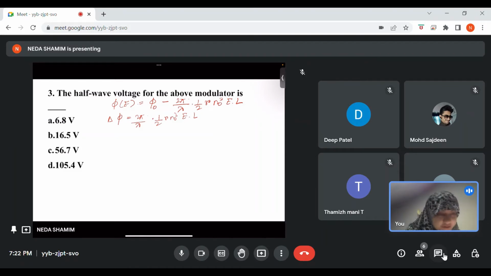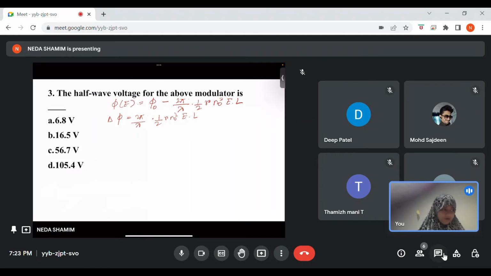Here we are asking about the half wave voltage. We say that there is a modulation of the phase, that is, the phase of the radiation has been modulated, and we are applying some voltage to my modulator, inside which you have some material of certain refractive index and a high electro-optic coefficient.